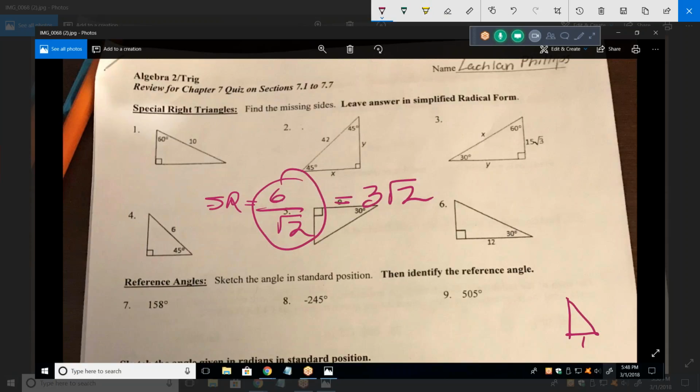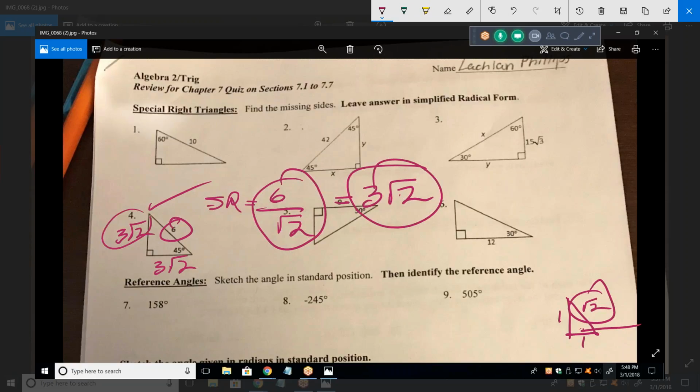That is 1, 1, root 2. You find your similarity ratio by comparing that 6 to that root 2 because they're both the hypotenuses. Once we see that this triangle is 3 root 2 times bigger, every side has to be 3 root 2 times bigger. So I make 3 root 2 times 1. That gives me 3 root 2 there and 3 root 2 there. On a 45-45, these sides are always the same.